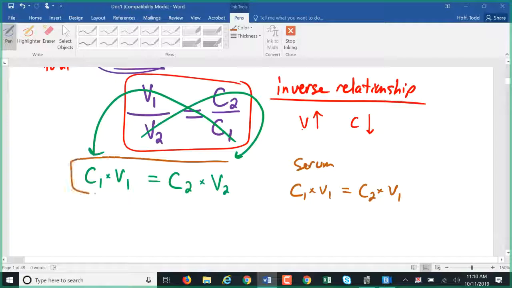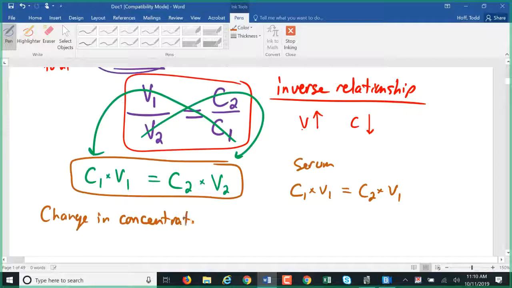This formula right here is called the change in concentration formula, or sometimes called a concentration adjustment.